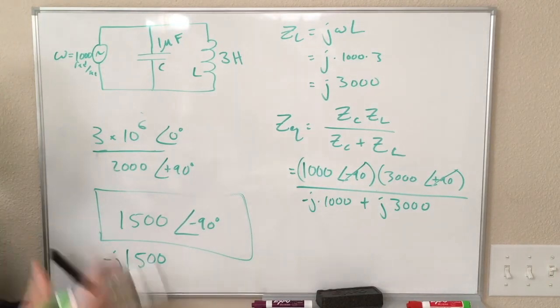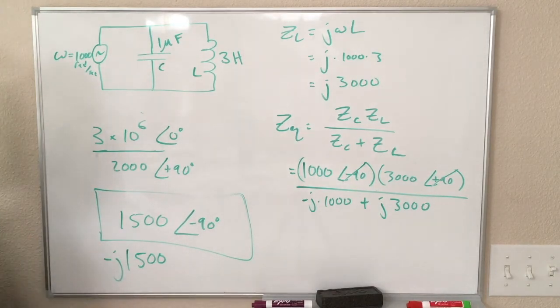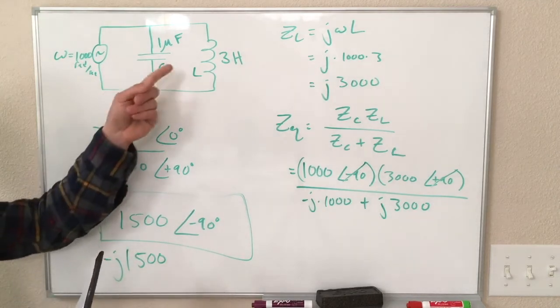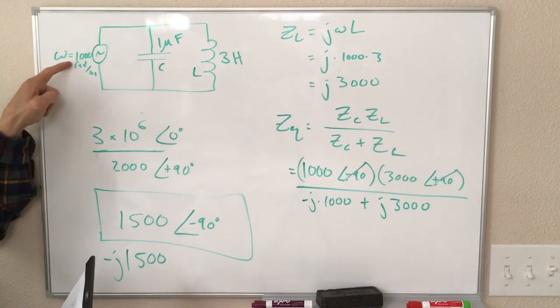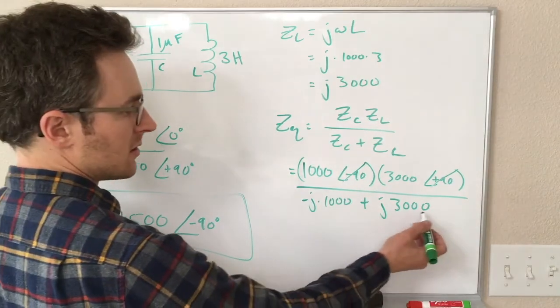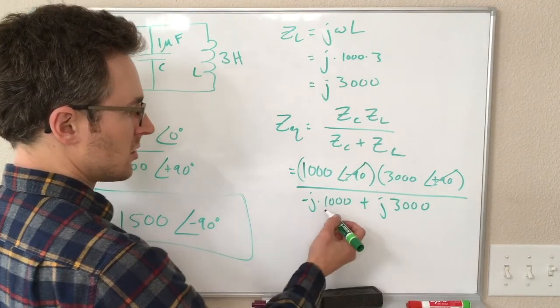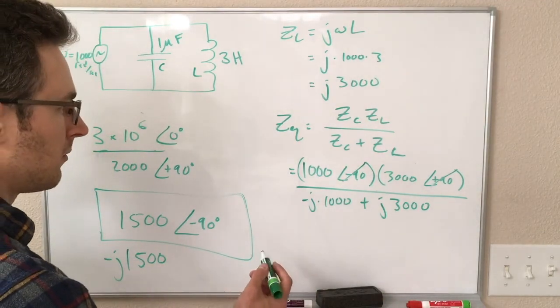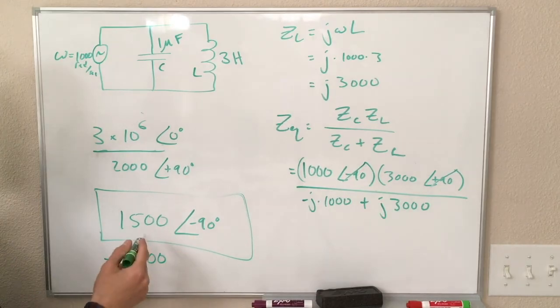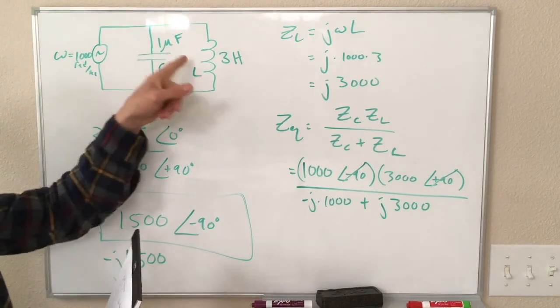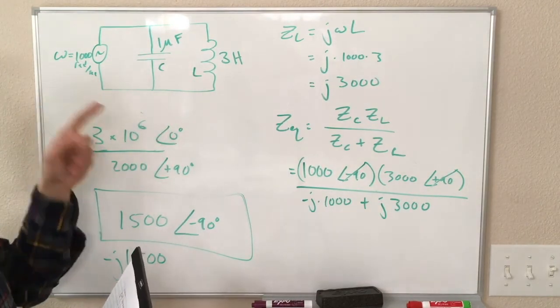Okay, so what is the point of all of that? This is only true at this frequency, though, right? If we change the frequency, then the relative size of these change, and we end up with some different number. If we tried to replace these with just a capacitor and changed the frequency, we would get a different answer.